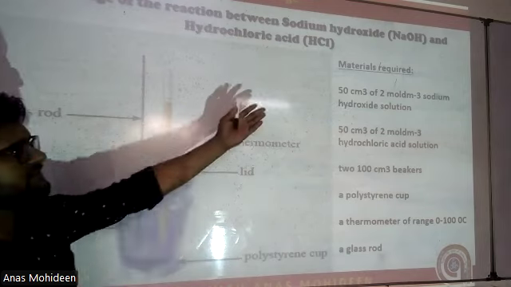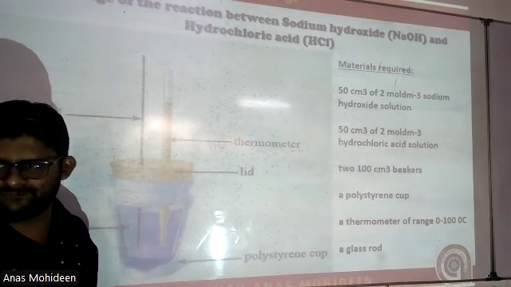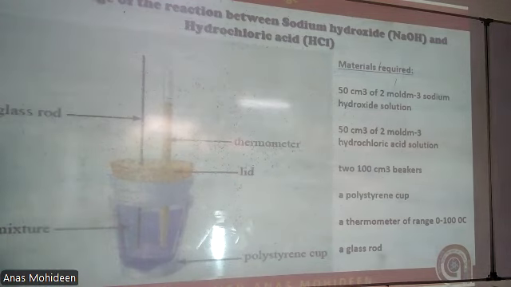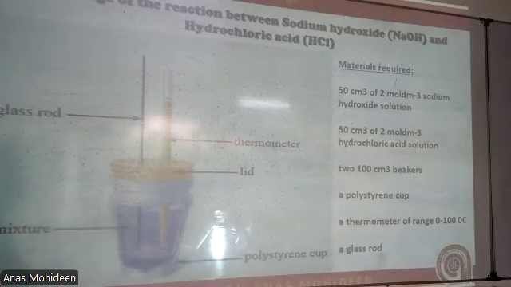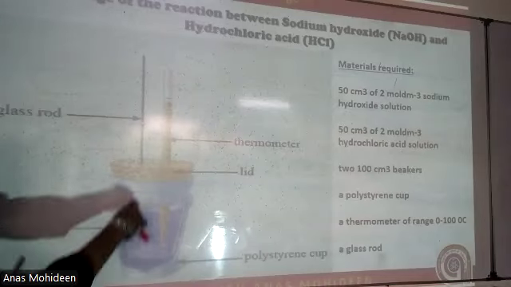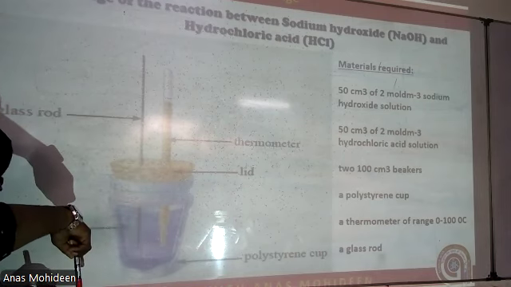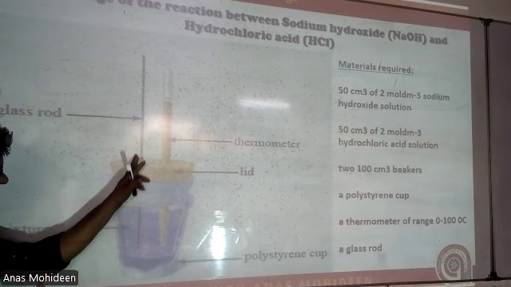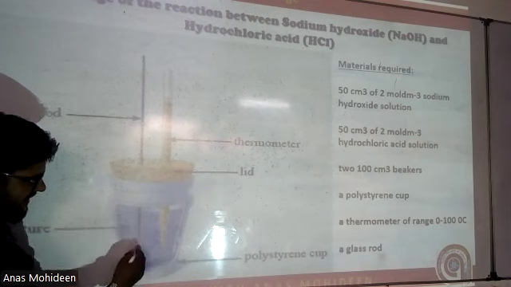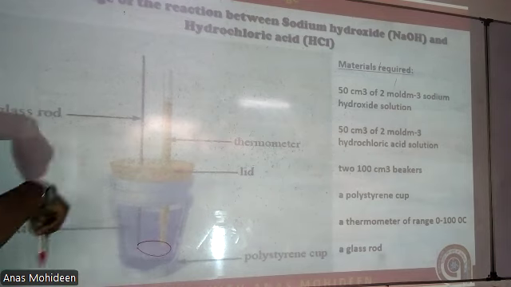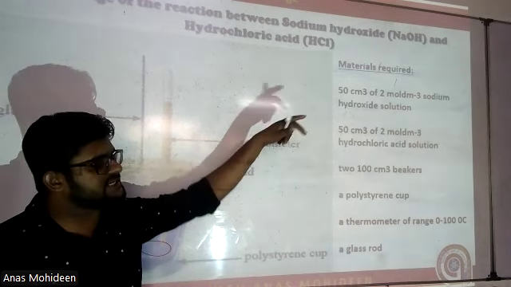Inside we have sodium hydroxide and hydrochloric acid solution. It is adjustable in that way, and when you rotate, it keeps moving. Anyhow, we are using hydrochloric acid solution and sodium hydroxide solution.